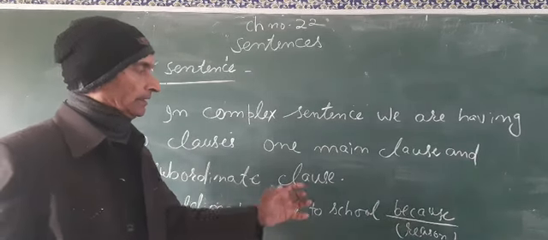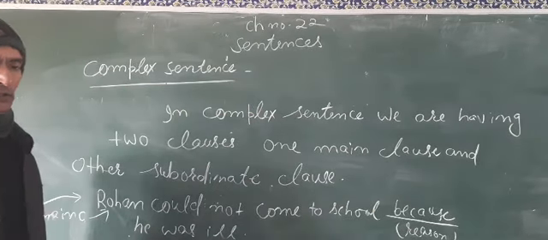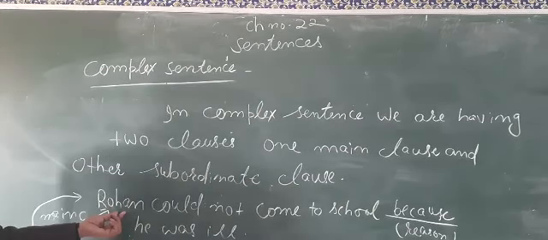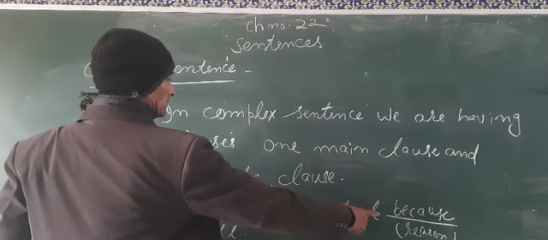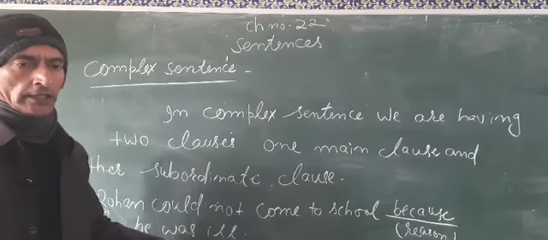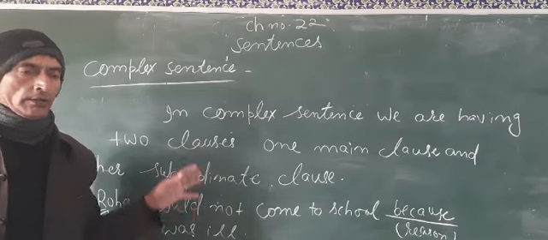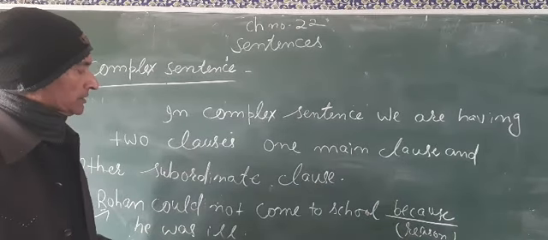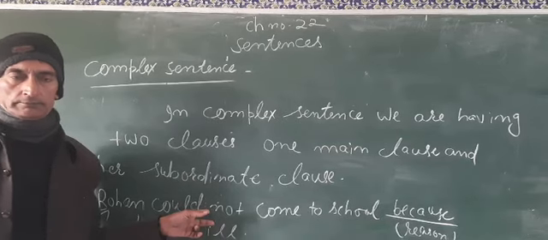If in a sentence the subordinate clause is not there, the meaning of the main clause is still complete. But if the main clause is not there, the subordinate clause, because he was ill, is not giving a full sentence, it is not giving complete sense. So the subordinate clause depends on the main clause for the completion of its meaning.